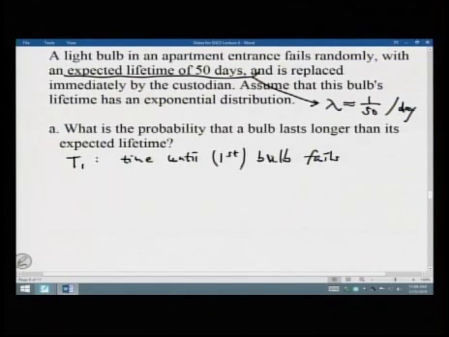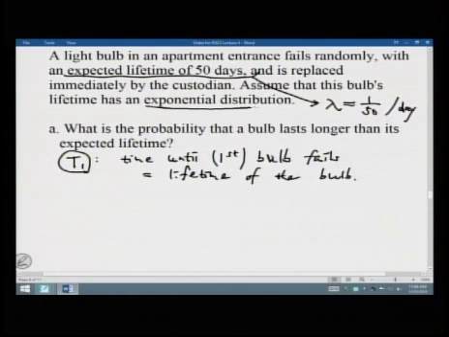So this is the lifetime of the bulb. T sub 1 is the lifetime of the first bulb. Then of course T sub 1 follows an exponential distribution with parameter lambda equal to 1 over 50.